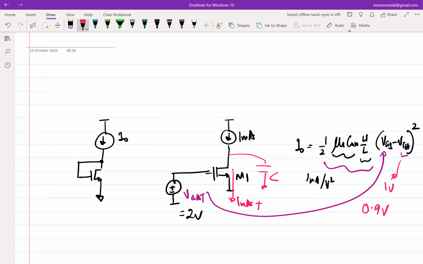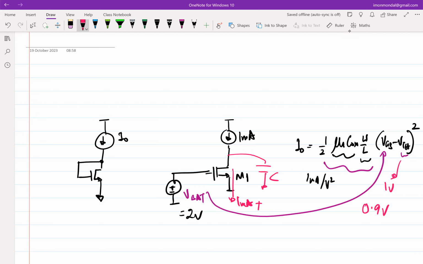So current will increase. See, other way of looking at it is that I can say VTH plus delta VTH, right? So threshold voltage has changed. So this is VTH plus delta VTH, correct? And then I expand that term. Right, it will increase. Now, how much it will increase depends on how you expand this, right?